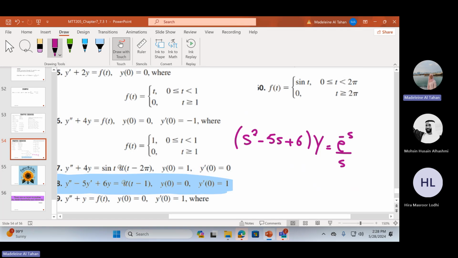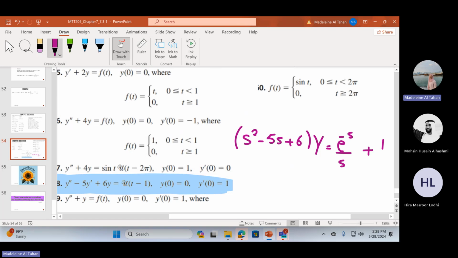So on the left hand side we got s squared minus 5s plus 6. And what did we get on the right hand side? On the left hand side, you got s squared Y. Okay, so I should bring the plus 1, right?